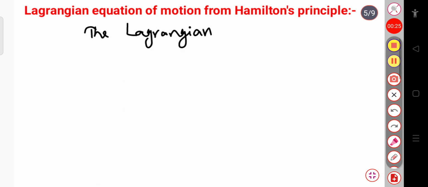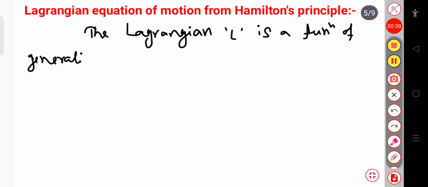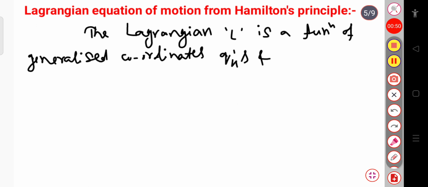Lagrangian L. It is a function of the generalized coordinates. Here we will consider the generalized coordinates to be qk, that is q1, q2, q3, and so on, that is maybe x, y, z coordinates.